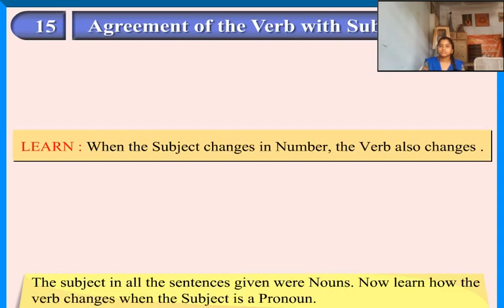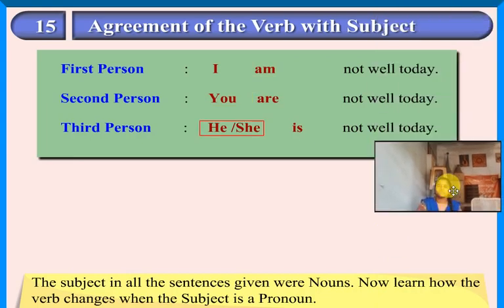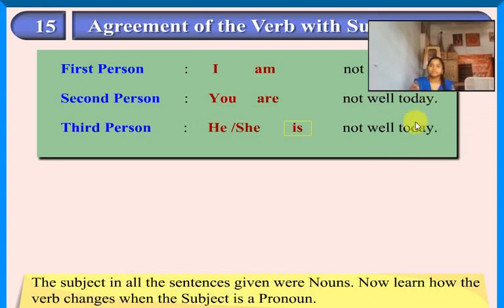The subjects in all the sentences given were nouns. Now learn how the verb changes when the subject is a pronoun. First person. I am not well today. Second person. You are not well today. Third person. He or she is not well today.